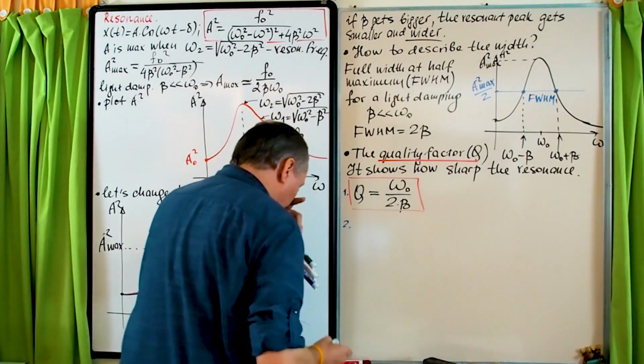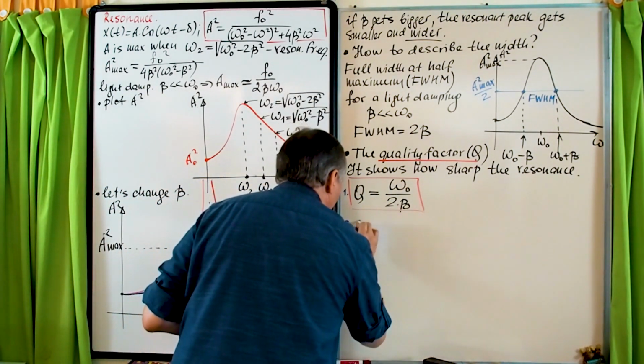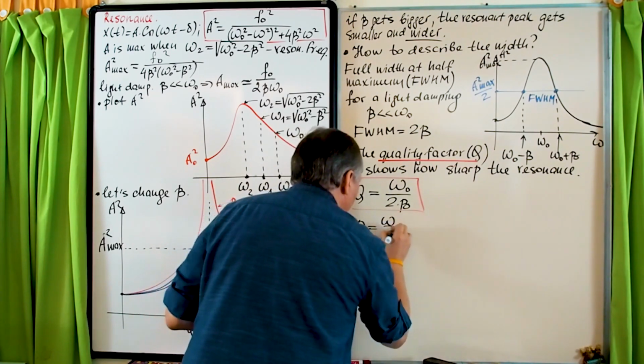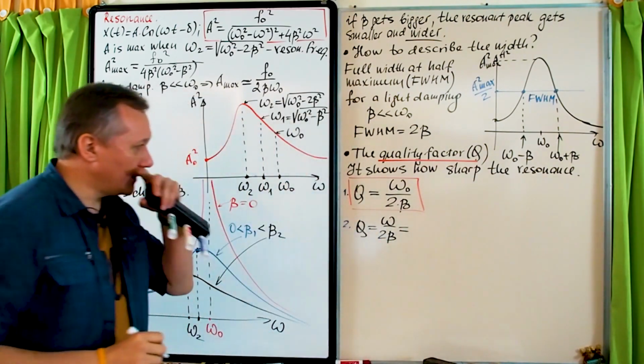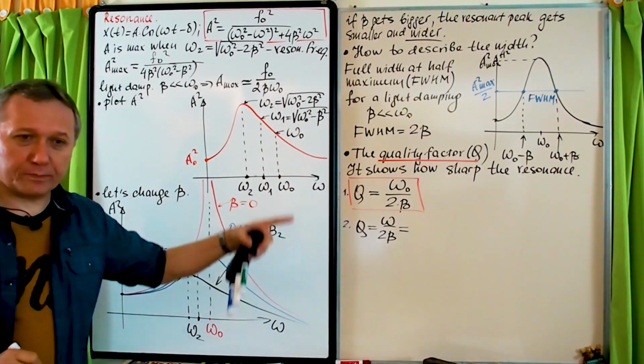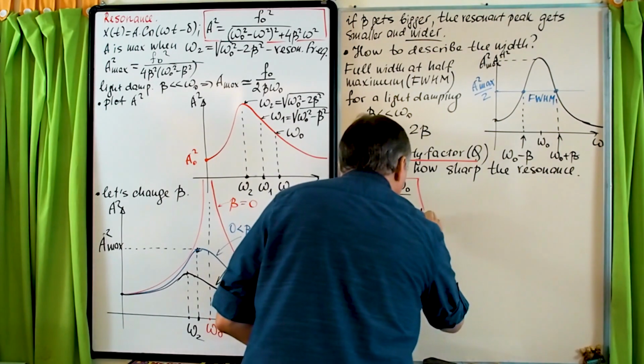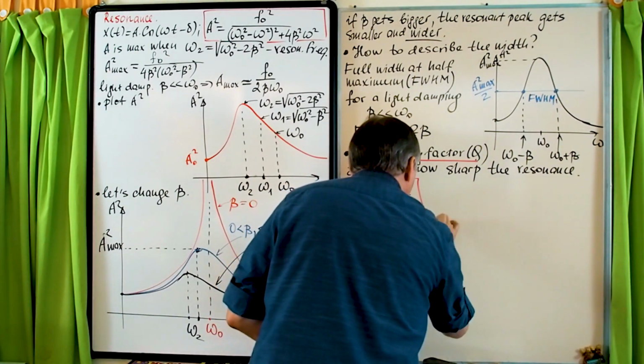Let's just massage this expression, omega naught over 2 beta. Let me rewrite it in this way. Let me move beta upstairs, 1 over beta.